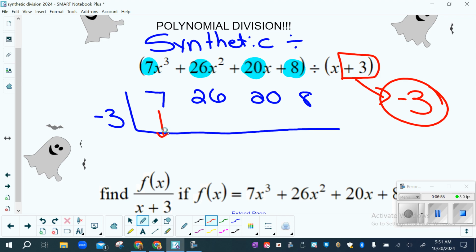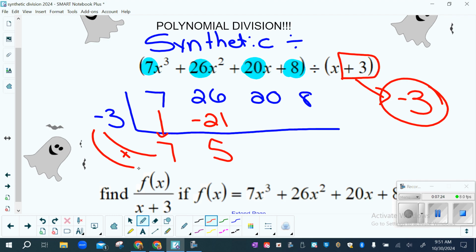That's our first step. And all we're going to do is multiply and add, and multiply and add, and multiply and add. I love this, because I love multiplying and I love adding. Those are the only 2 things in math I like. So we bring down the 7. Then we multiply. -3 times 7, -21. We multiply, and then we add them up.